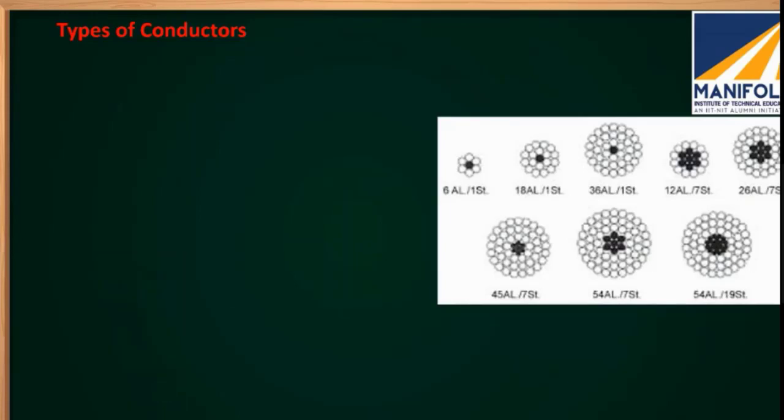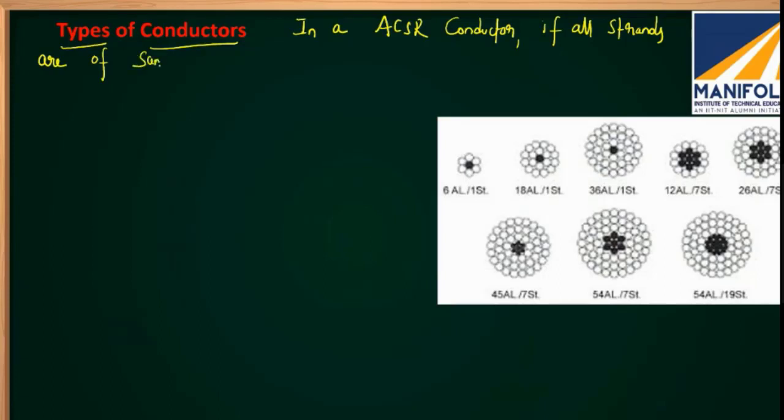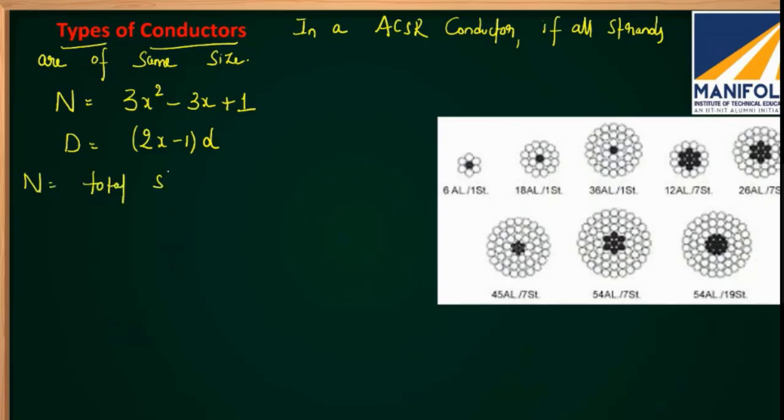Next few important points. In an ACSR conductor, if all the strands are identical, that means they are of the same size, then the total number of strands N is given by 3x² − 3x + 1, and capital D is given by (2x − 1)d, where N is the total number of strands in the ACSR conductor and x is the number of layers in the ACSR conductor.